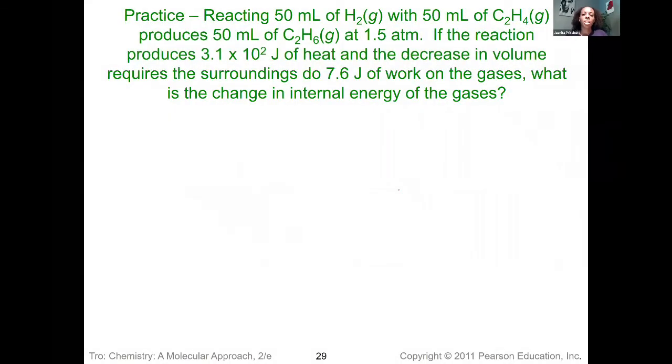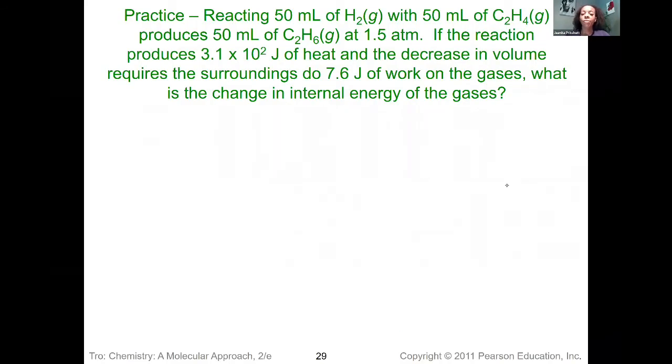Okay, so we'll move on to the next one. The next problem says reacting 50 milliliters of H2 with 50 milliliters of C2H4 produces 50 milliliters of C2H6 at 1.5 atmospheres.